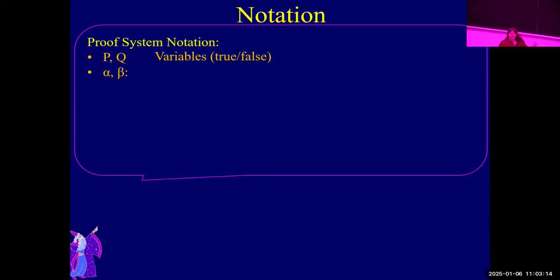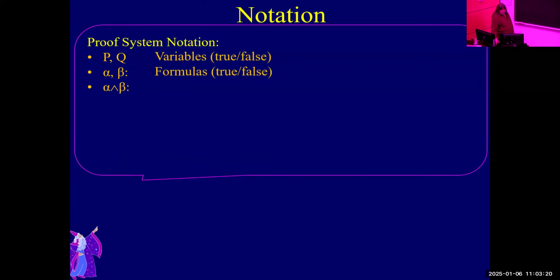And these tend to be used for things that are true or false. Oh yeah, so I guess these are axiomatic variables. Well, these are bigger sentences, but the bigger sentences tend to be true or false, right?